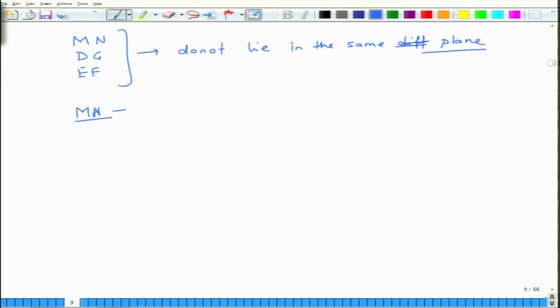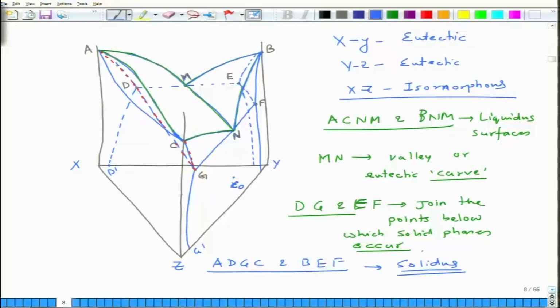All right, and so basically there are three curves, or surfaces: DMNG, MEFN, and DEFG.